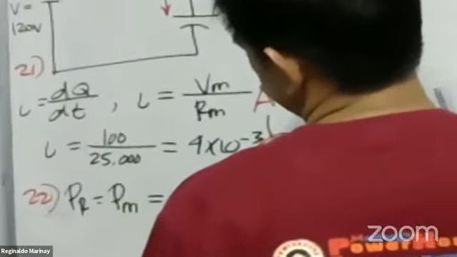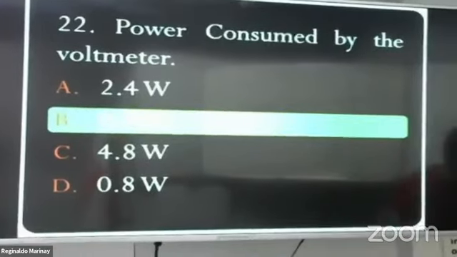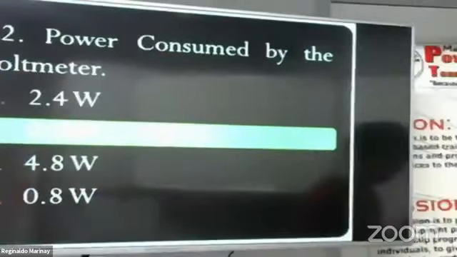This is actually the current in the meter, the 4 millicoulomb per second. No? So, that is why we have V sub M 100 times 4 times 10 raised to negative 3. What is now our wattage? Our watts. Okay? Well, in our choices, the answer would be 0.4 watt. No? 0.4 watt. That is our answer.